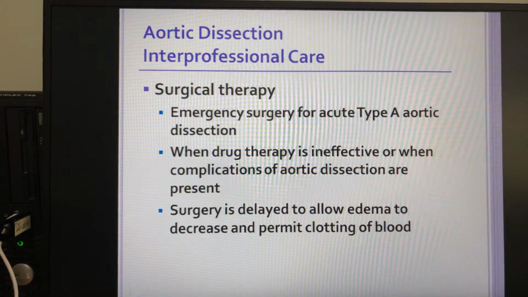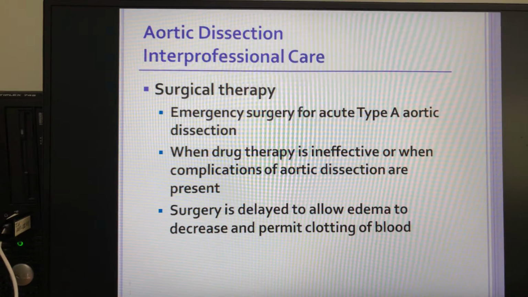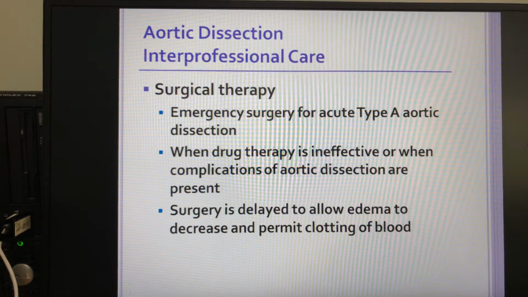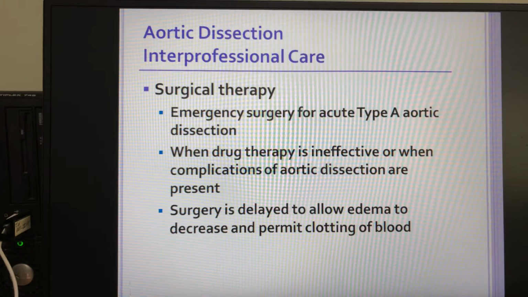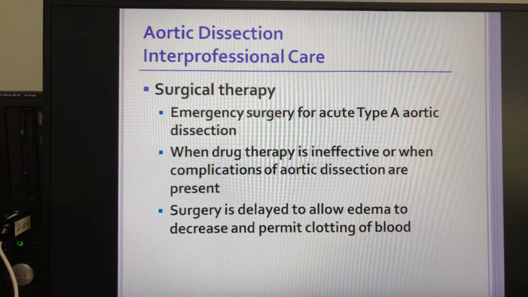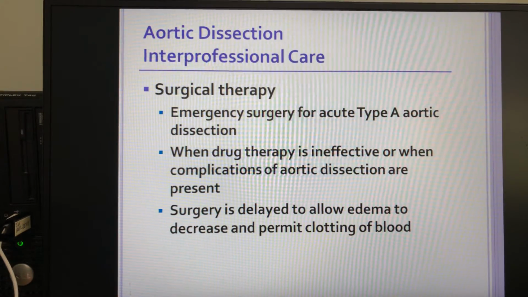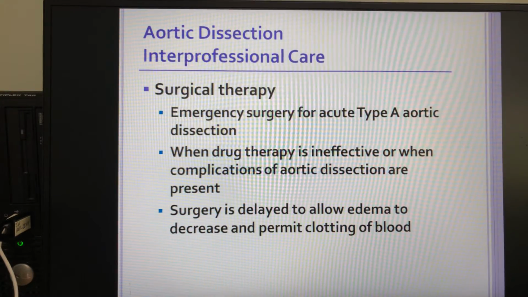And again, it says surgery may be delayed in order to allow edema to decrease and permit clotting of blood, because you don't want the patient to be in symptoms of DIC prior to surgical therapy, because that increases the risk of that patient bleeding out severely during the procedure.